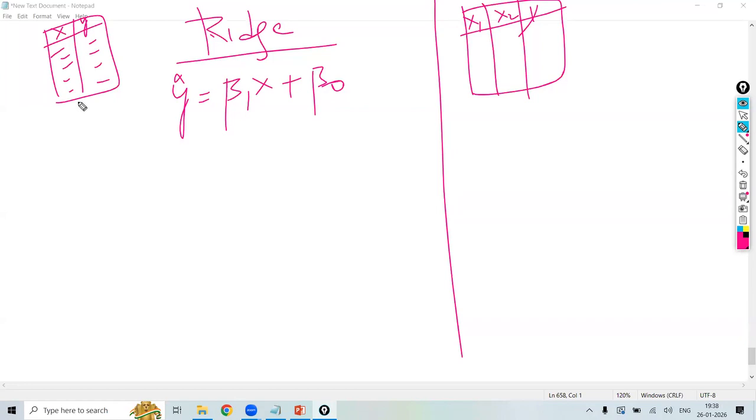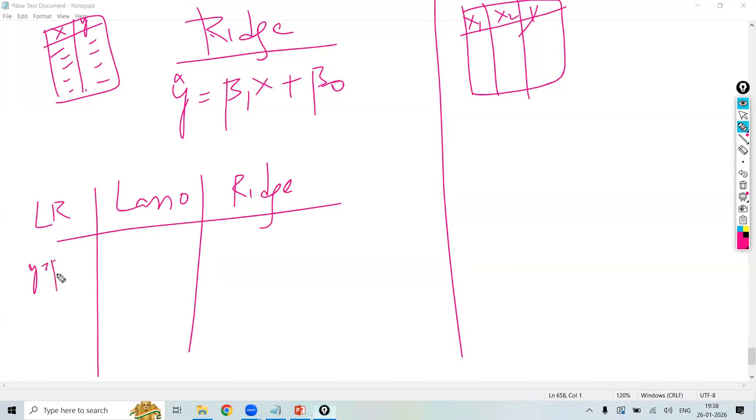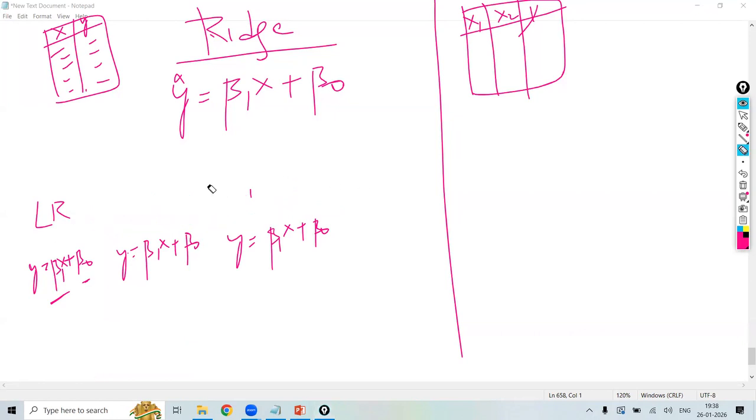Here also beta 1x plus beta naught. Any difference? The equation is the same only. The calculation of beta 1 and beta naught changes, but the equation remains the same.